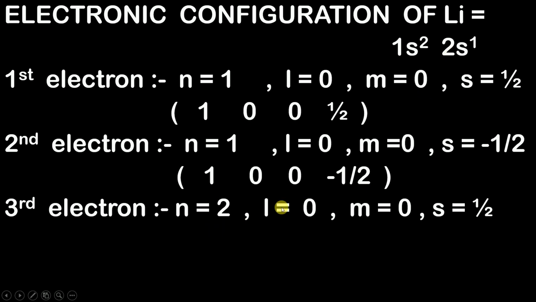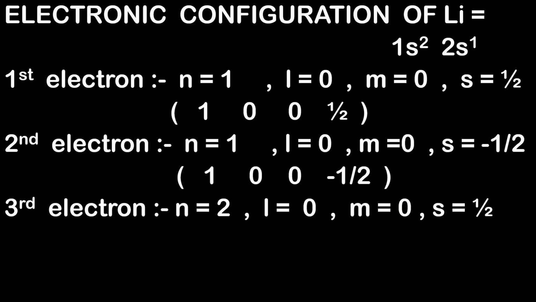And why is l equal to 0? Because it is present in a 2s subshell, and the azimuthal quantum number value of s is l equal to 0. And since l is equal to 0, obviously m is also going to be equal to 0. And since there is only one electron, let us consider that it is revolving in a clockwise direction.